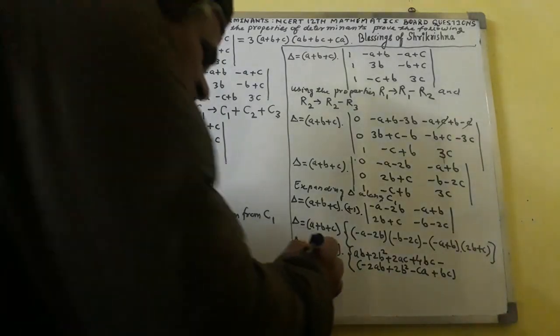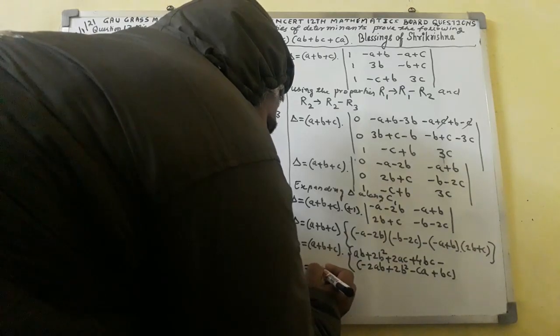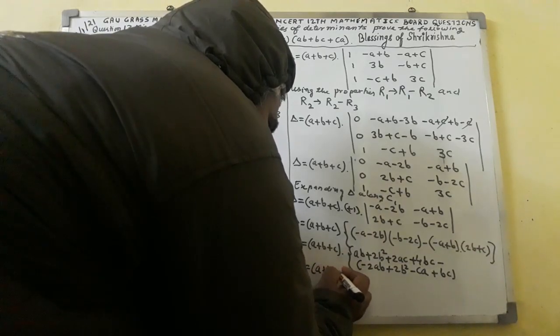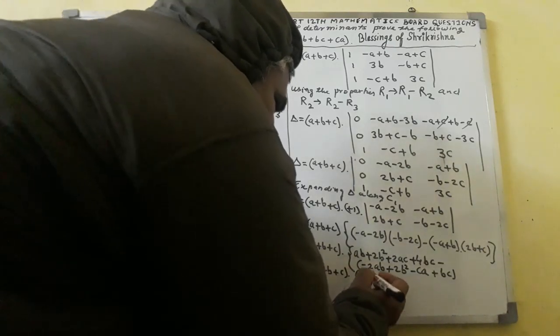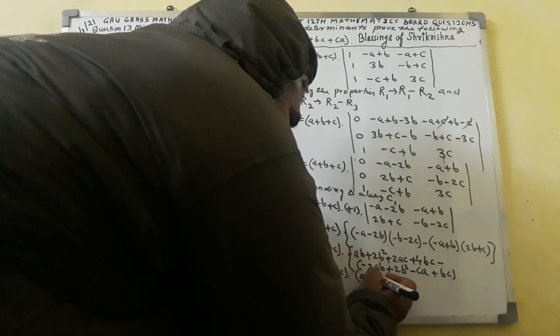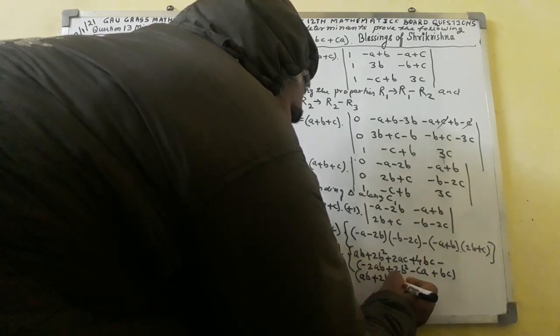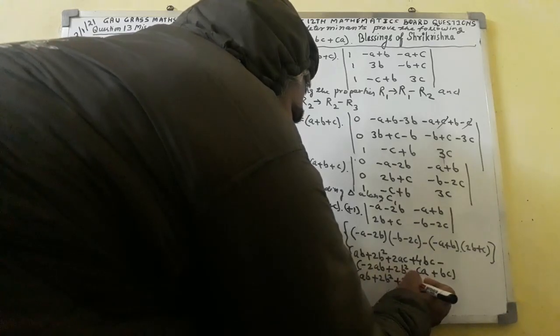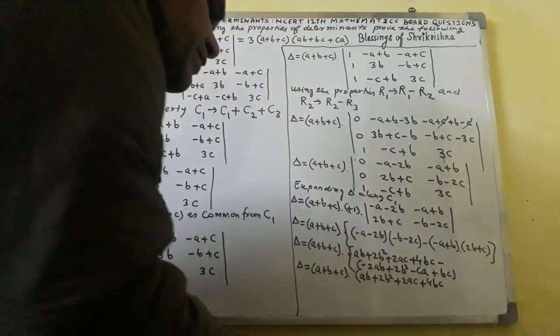Do the operation here. Here I shall write that equal to A plus B plus C in bracket AB plus 2B square plus 2AC plus 4BC, plus minus will enter inside this bracket. Bracket will be broken.